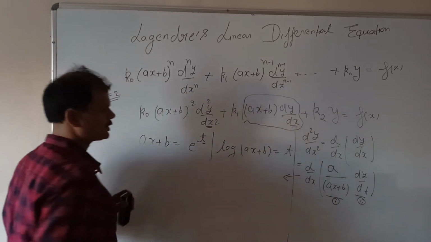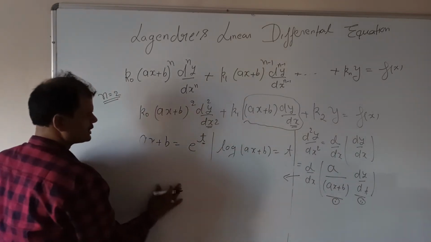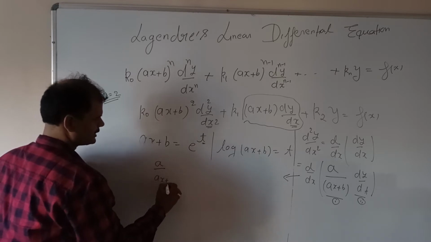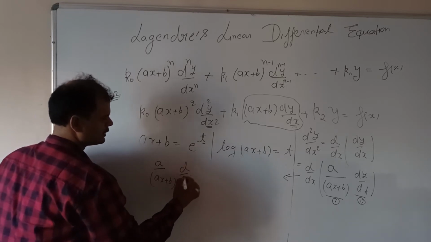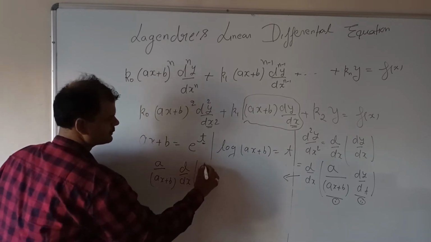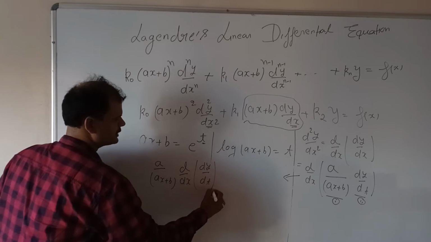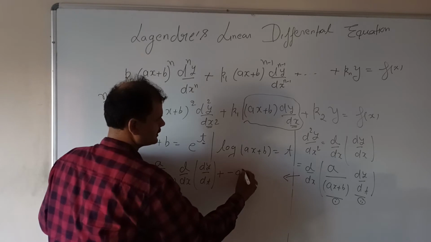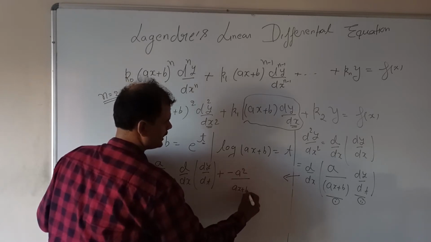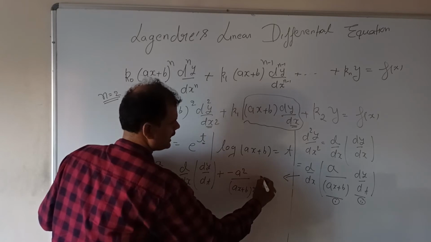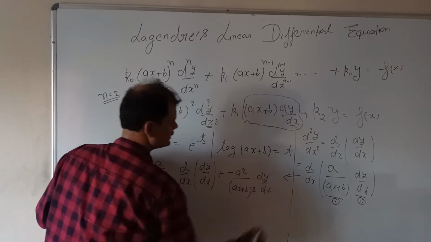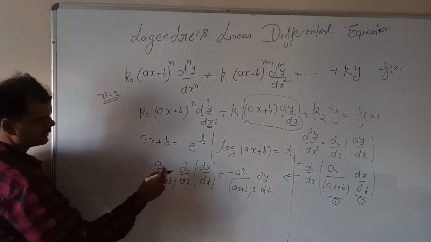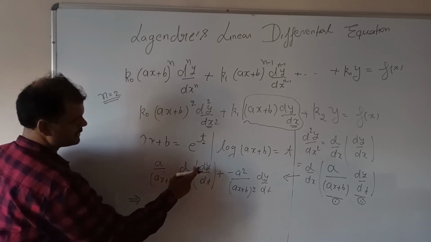So differentiation of a product of two functions: first part, a upon (ax plus b) into differentiation of the second one, so d by dx of dy by dt, plus differentiation of the first part, so we get minus a square by (ax plus b) whole square and dy by dt.